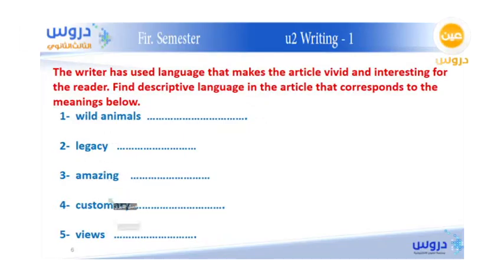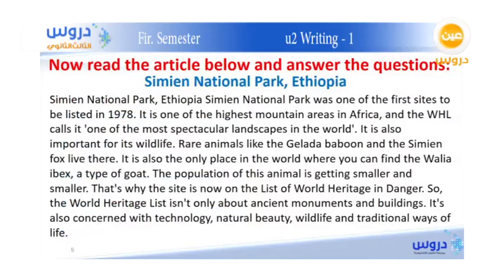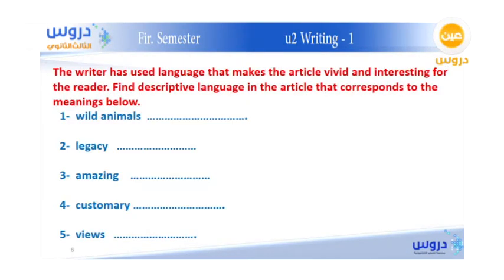Wild animals, legacy, amazing, customary, and views. Alright? There we go. Alright, that's fine. Just say it, and we will check together. Never mind, unless you get the skill. Alright. Wildlife.